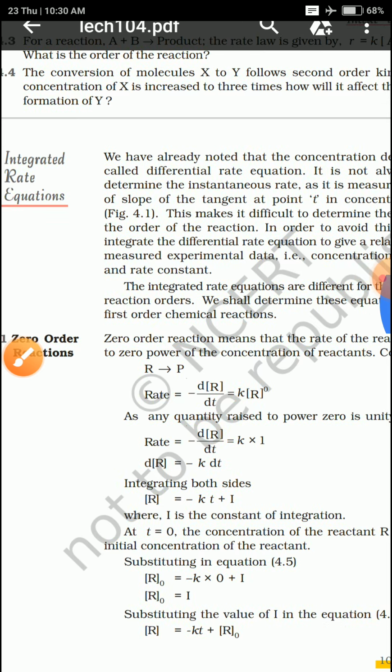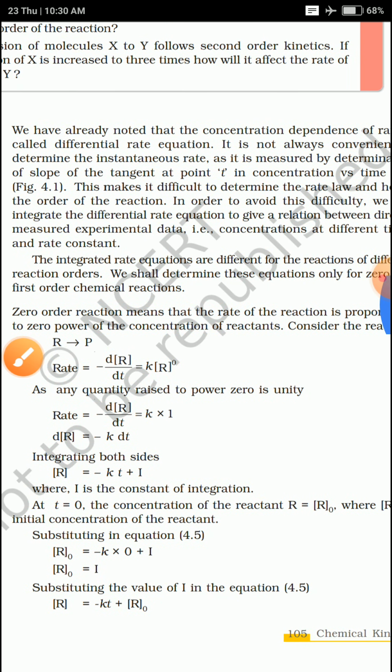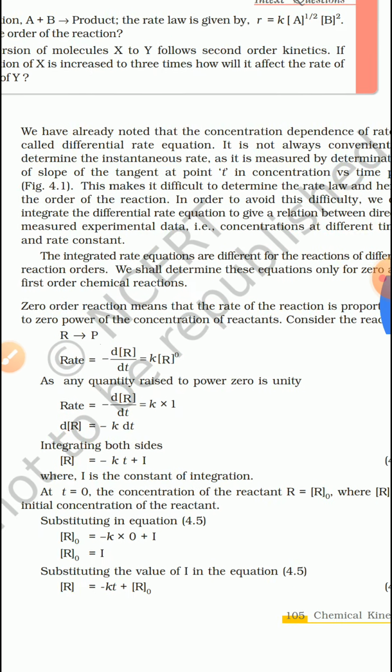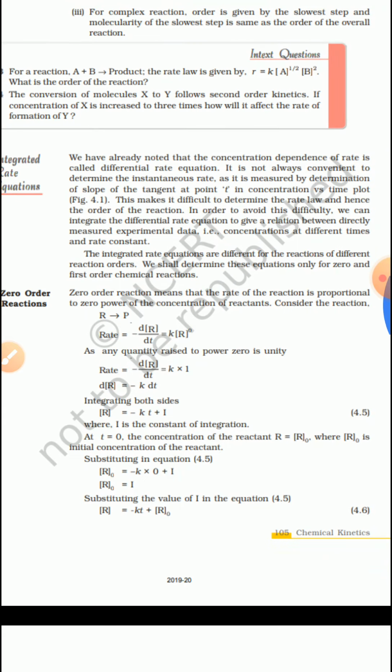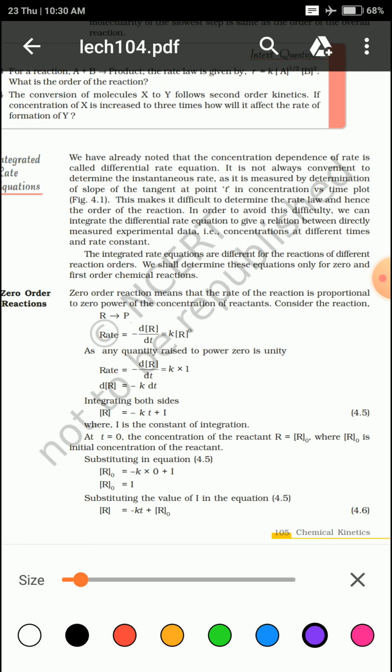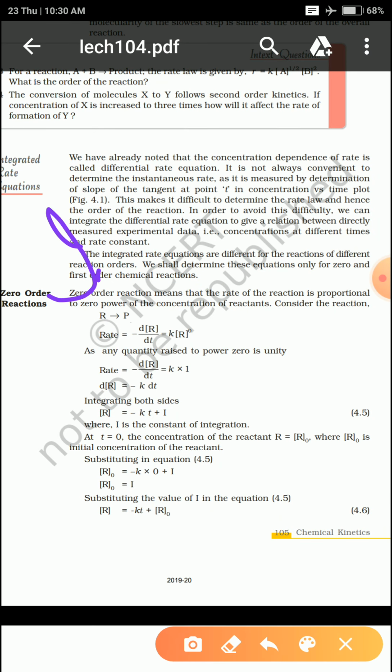Whatever we had studied about the rate of a reaction, we had completely focused on instantaneous reactions.